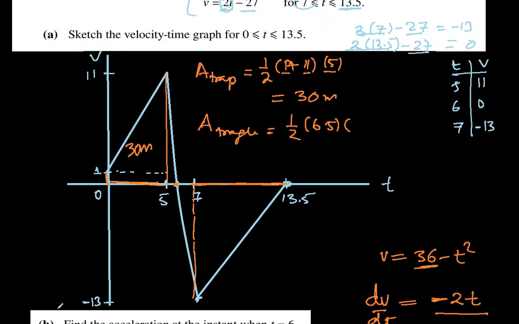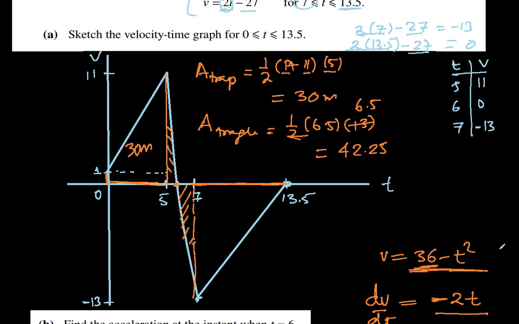Area cannot be negative, so I'll not take it as minus 13. I'll take the height as 13. So 2 and 13 again cancel out. So 6.5 squared actually, which will be 42.25.